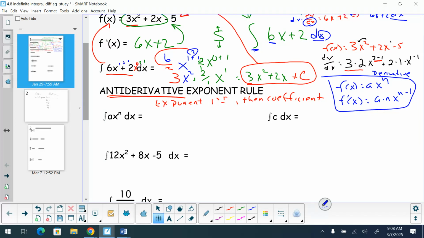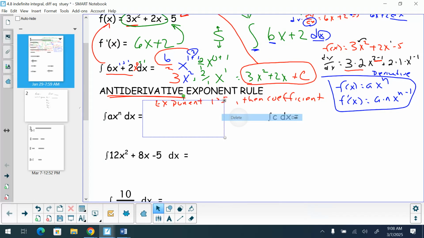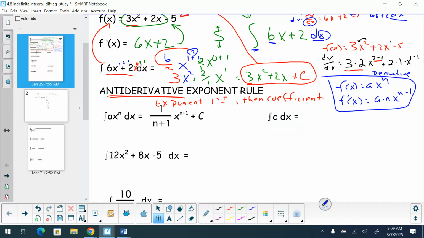We now have an antiderivative rule, where the antiderivative of a x to the nth is equal to, I should put an a here, a divided by n plus 1 times x to the n plus 1, plus c.